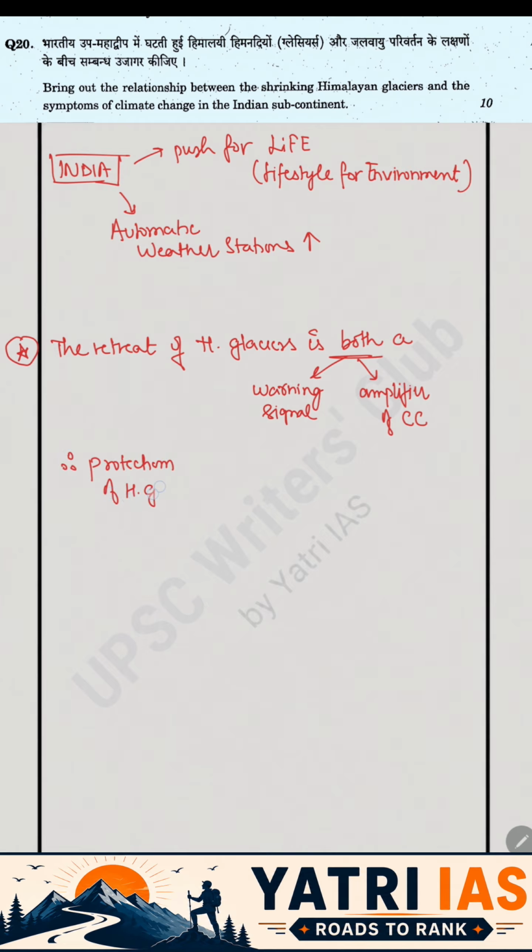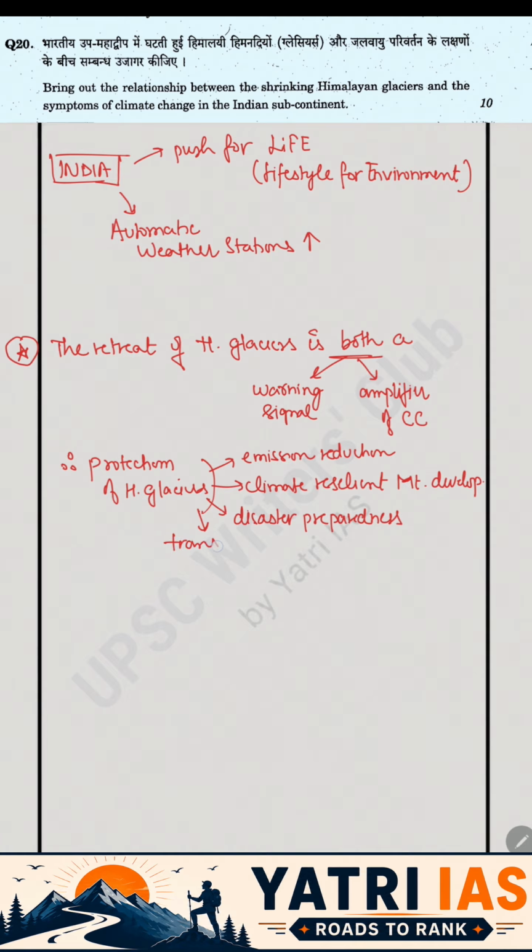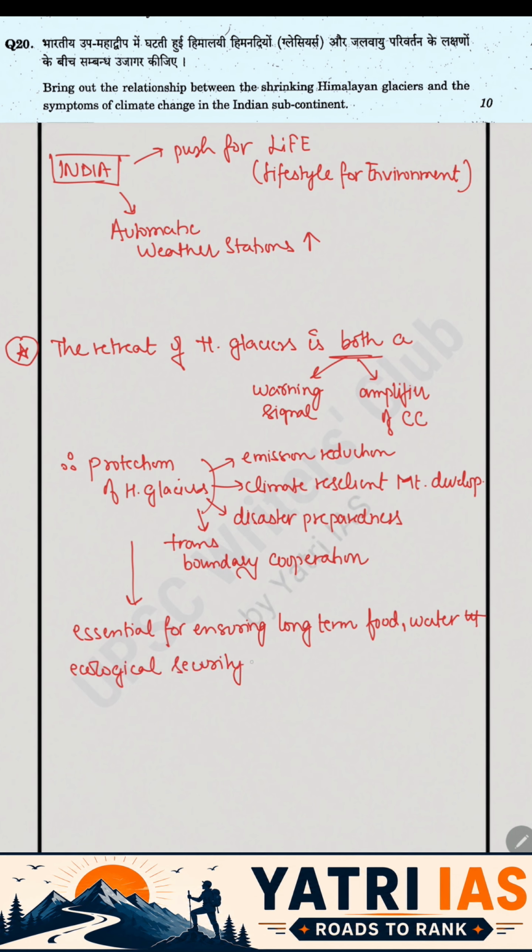Therefore, protection of Himalayan glaciers through emission reduction, climate resilient mountain development, disaster preparedness, and trans-boundary cooperation is essential for ensuring long-term food, water, and ecological security of the Indian subcontinent.